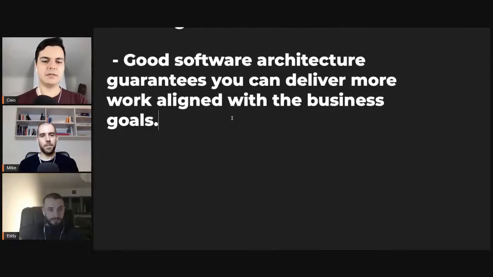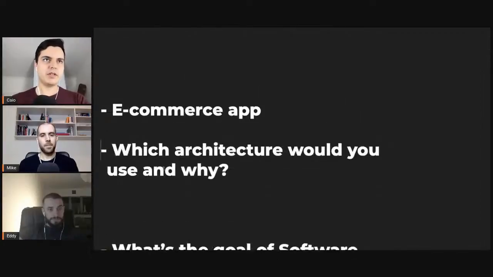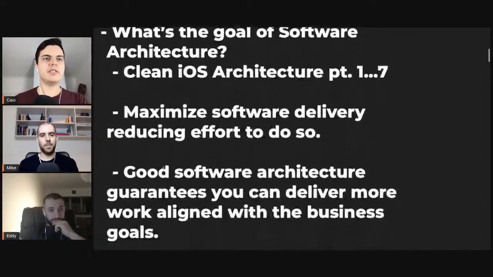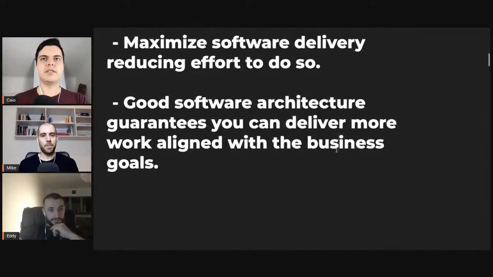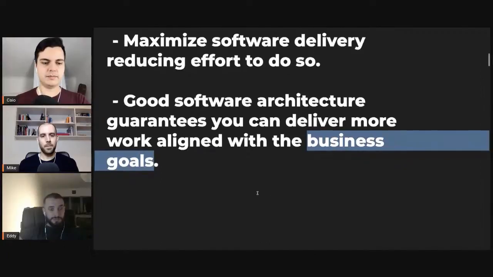It needs to be aligned with the business goals. That's why I say, if a company comes to me and says, hey, I want to build an e-commerce app, how would you design it? I would start asking questions about the business because I need to understand the business goals, because the software architecture will be aligned with those goals.